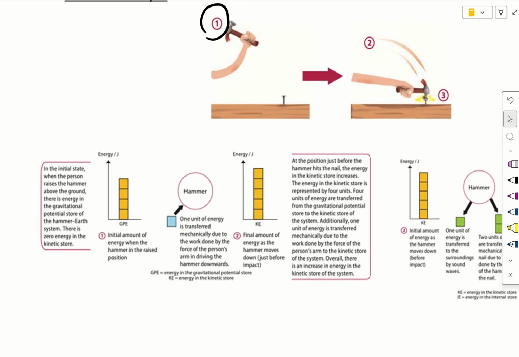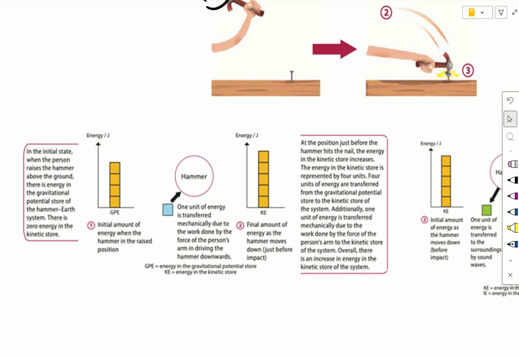Okay, and I'm not just letting go of the hammer, I'm actually applying a force, okay, to move the hammer down, together with the gravitational attraction. So 1 unit of energy is transferred mechanically due to the work done by the force of the person's arm in driving the hammer downward.